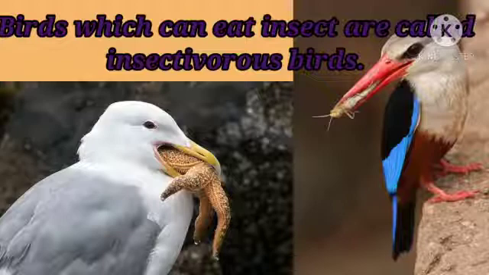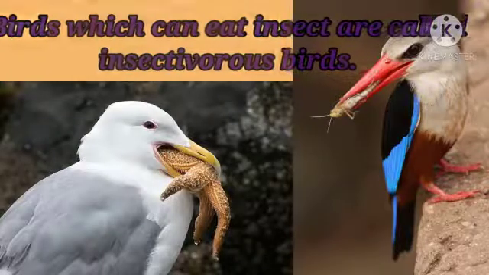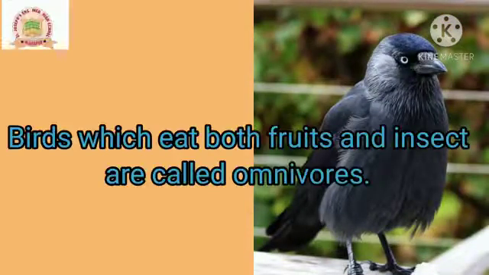Now the next one is some birds can eat both plants or fruits and insects also. The crow, you remember the story of the fox and the crow? It can eat the cheese and the crow eats small insects also, means the crow can eat both plant-based material, fruits, and it can also eat insects.